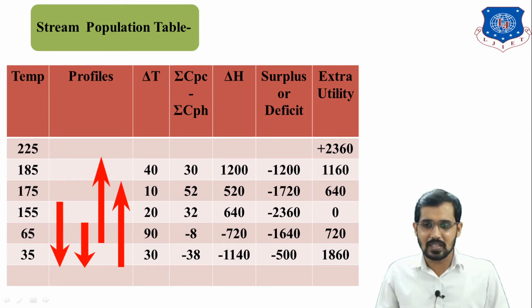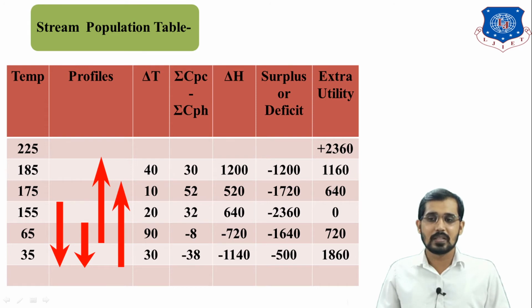Now for the second one, you can see there are two streams available, C1 and C2; H1 and H2 are not available. So for C1 and C2, just add the heat capacities of the C1 stream and C2 stream. For C1 that is 30 and for C2 that is 22.